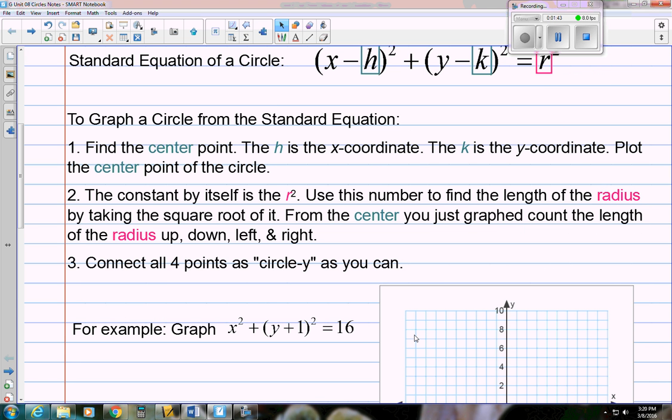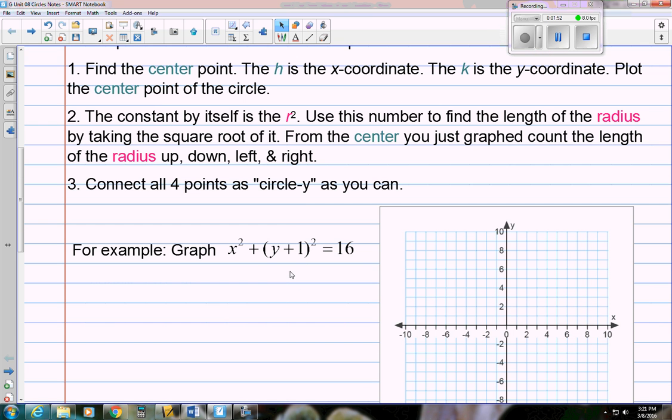So to graph a circle from the standard equation, the first thing we're going to do is, from our equation, find the center point. Keeping in mind that the H in our equation is the x coordinate and the K is the y coordinate. So if we take a look at our example down here, we have a center that's at 0, -1, because there's nothing that we're subtracting from our x.